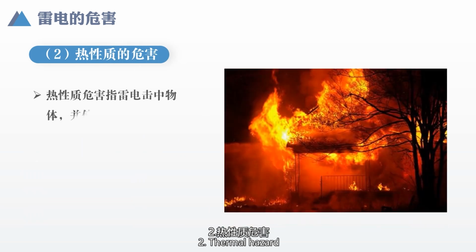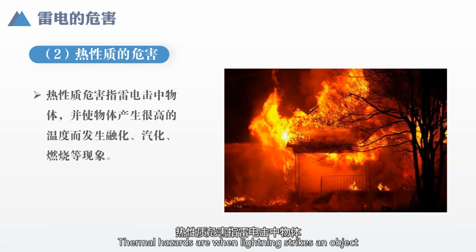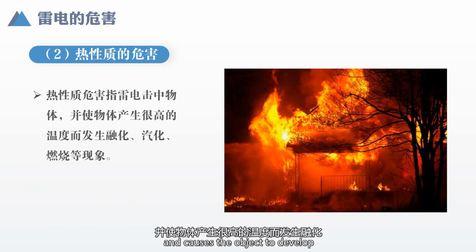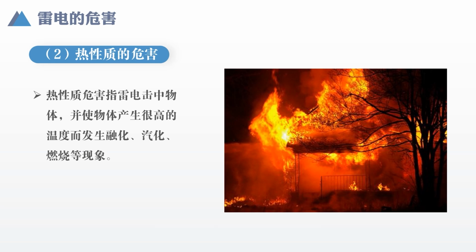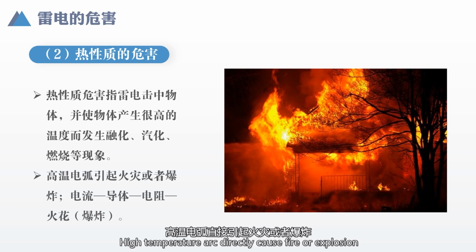Second, thermal hazard. Thermal hazards occur when lightning strikes an object and causes it to reach a very high temperature and melt, vaporize, combust, and so on. High temperature can directly cause fire or explosion.